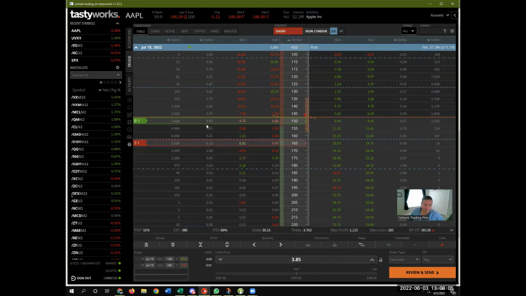So this now becomes a spread, and this is a debit, so you're paying 365, so it's the 475 minus the 91, or 90, let's say in this case, and that gives you, you're paying $380 to have this one contract. So now your odds of probability of profit are not much better, but you're paying less.